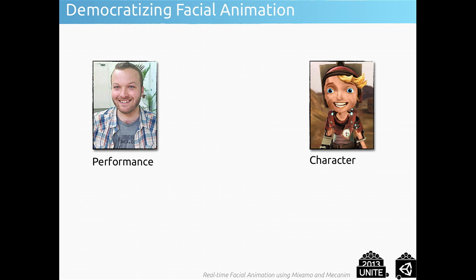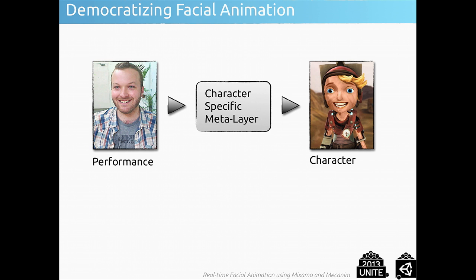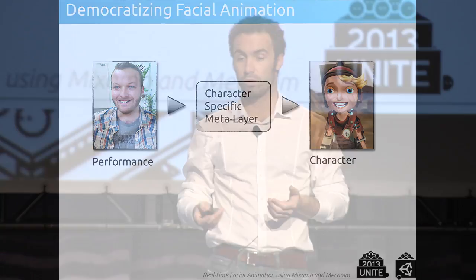So we need to build an intermediate layer that we call the character-specific meta layer, where this mapping from the input human performer to the character needs to basically do the magic. So that's where you go in and tweak, and it will completely change the outcome, because all of a sudden your character can do the huge smile, cartoon style, and exaggerate all those expressions the way you want. They're a lot more exaggerated than in a human.